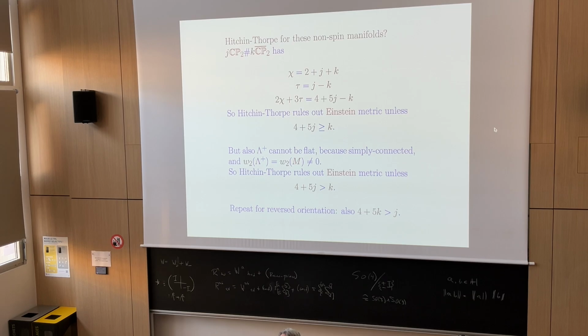Yeah, good question. So are there examples where you have the same homeotype, but the dimension of the moduli space of the Einstein metrics is different for two homeotypes?